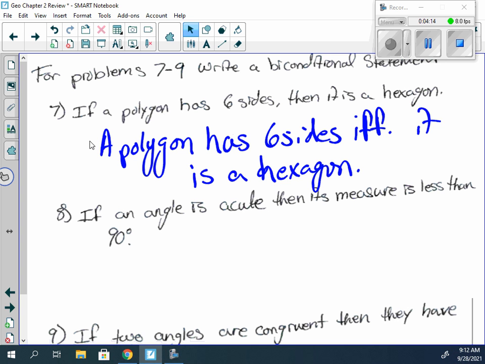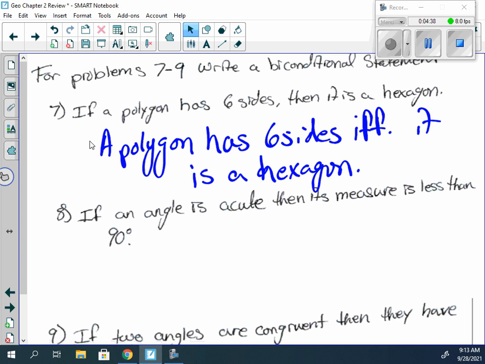IFF is the abbreviation for if and only if. I talked to 8th Hour about this yesterday. You can use this here, IFF. I will accept that as if and only if. Now, if you just put IF, one F, it's going to get marked wrong, because that's just saying if. 2 F's would be if and only if. So if you're not really sure that you're going to get that right, go on and write out if and only if.